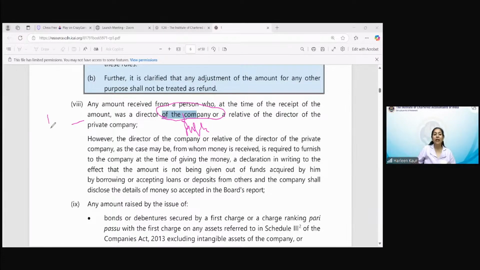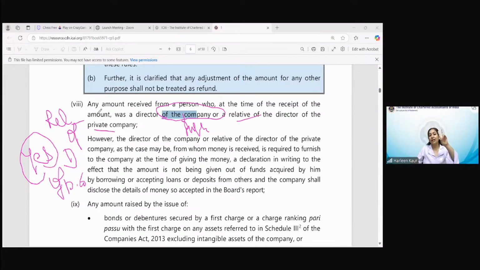So any amount received from a relative of a director of a public company will be a deposit or not a deposit? Will be a deposit. Because amount from a director or relative of a director of a private company is not a deposit if two conditions are satisfied. But if it is taken from a relative of a director of a public company, then it is a deposit.